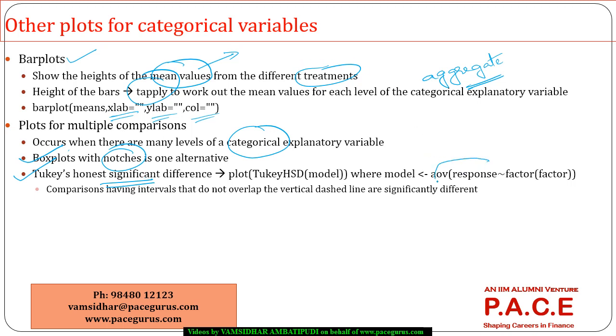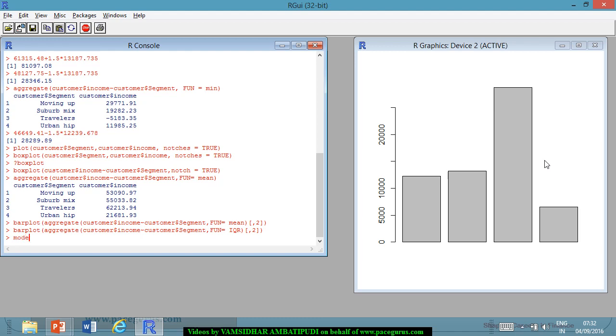So I'll create a model wherein I'm taking the response variable versus the factor variable, right? So I'll create a model where I'm using aov, which is an ANOVA model. I am creating the response variable versus the factor variable.